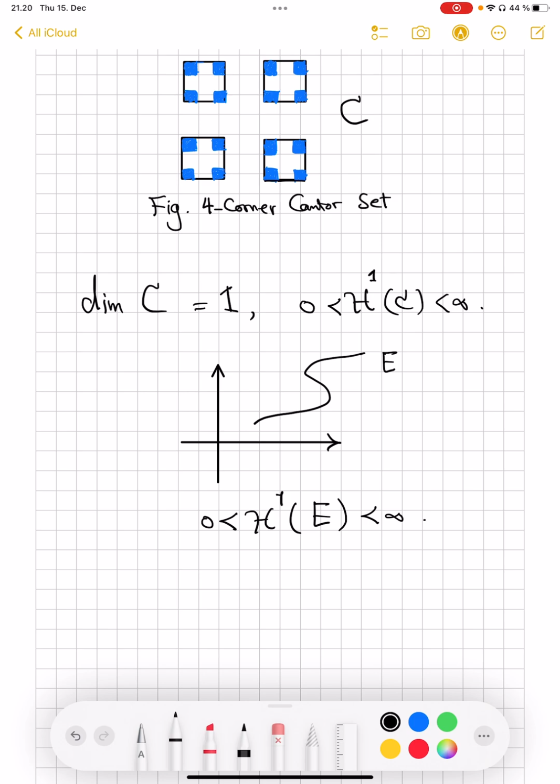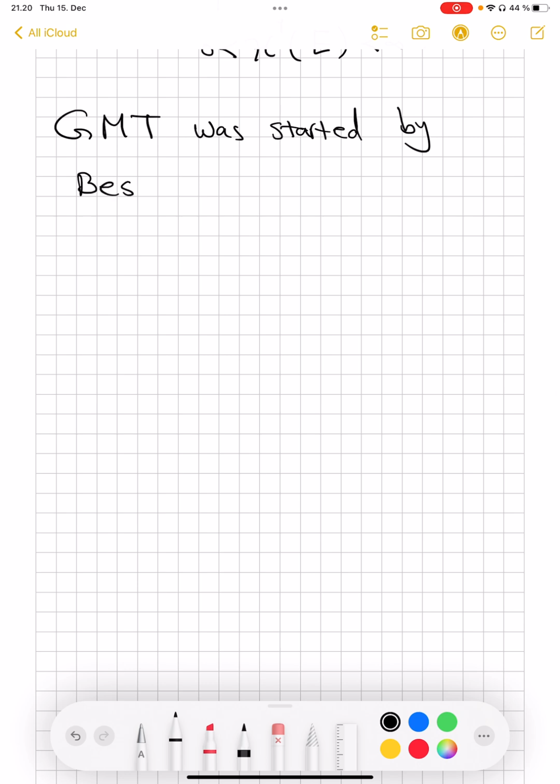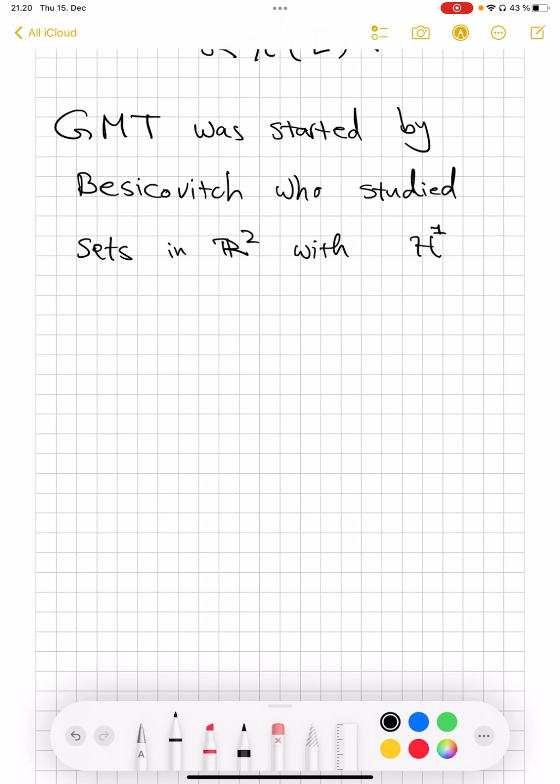So indeed, geometric measure theory was started by, so keep those pictures in mind, by Besicovitch, who, as Mattila says, to an impressive degree, studied sets in the plane with finite Hausdorff measure. So we can call them of finite length.